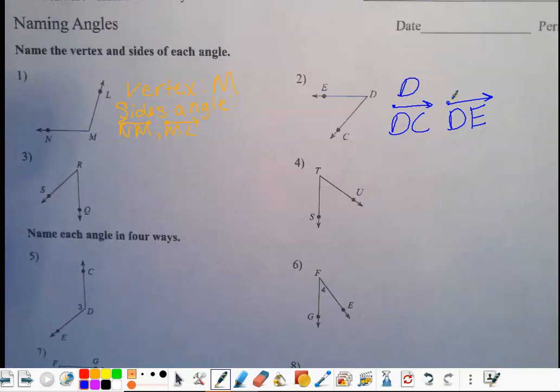Yeah, you have to use the pen part. There you go. You got it. Okay, so R is the vertex.